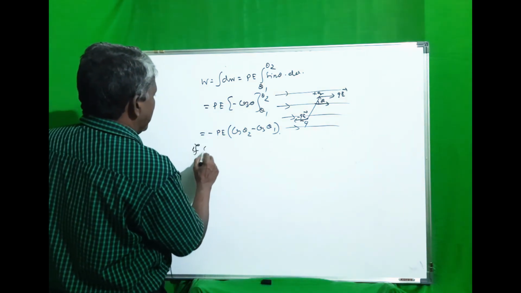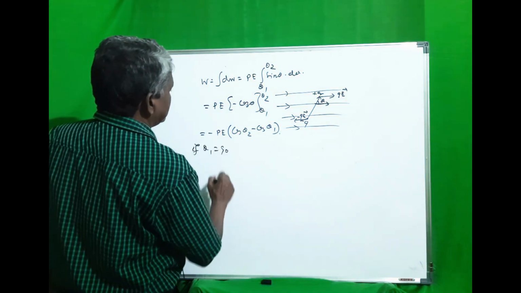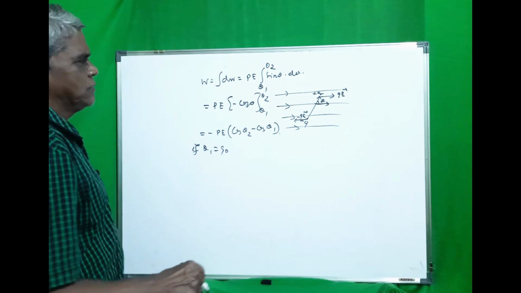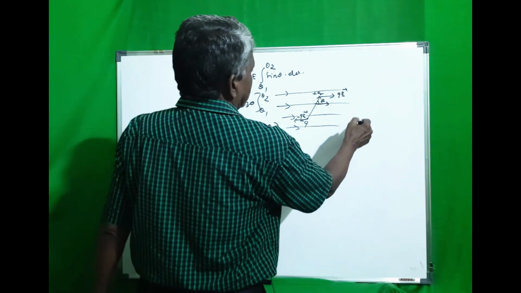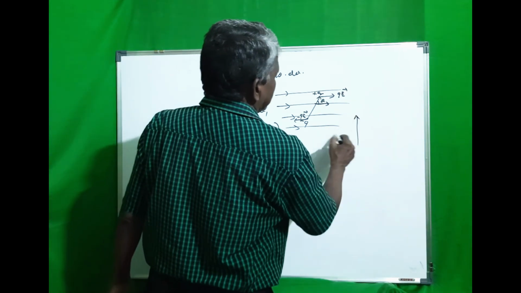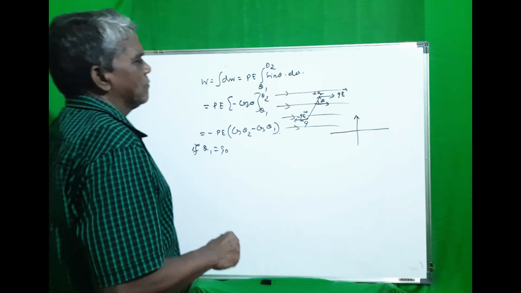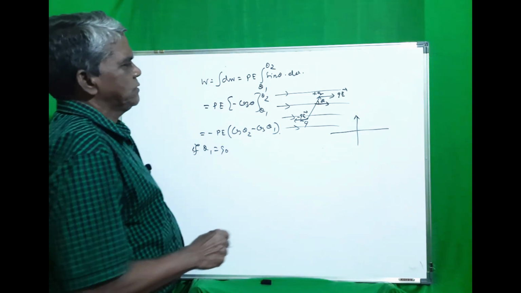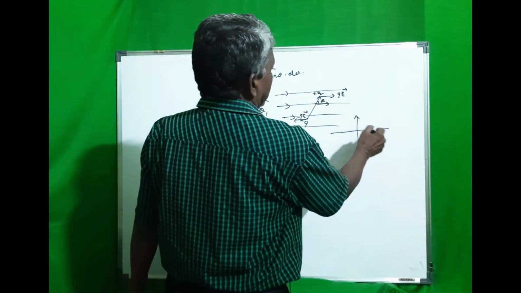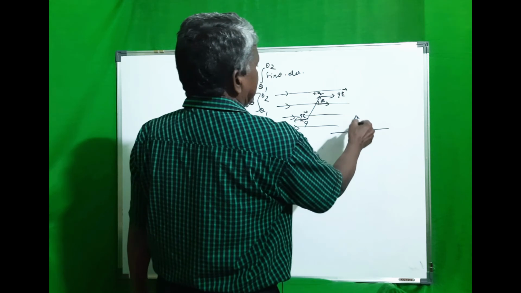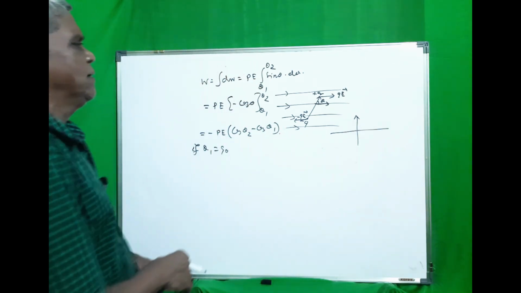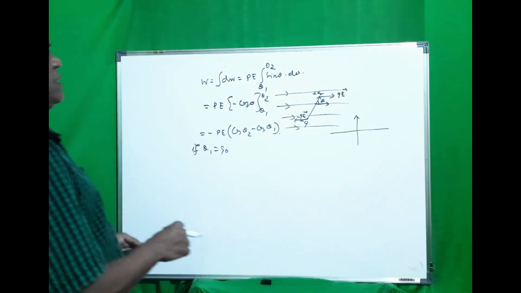If theta 1 is 90 degrees, then when the dipole is in this position, the potential is the same at any point. So this is the equator line, where torque is minimum.